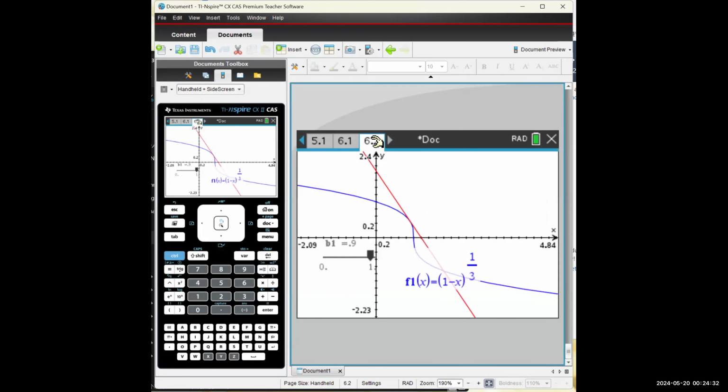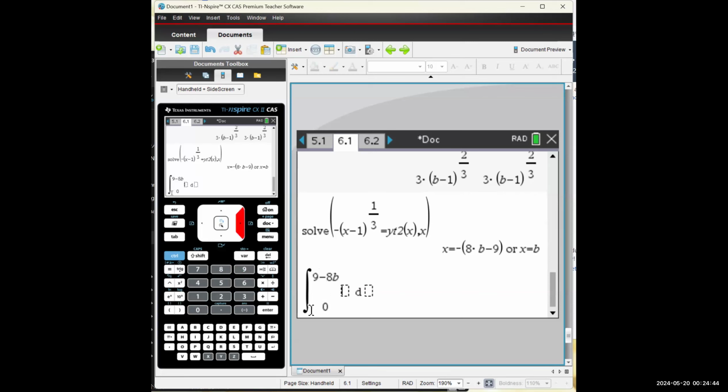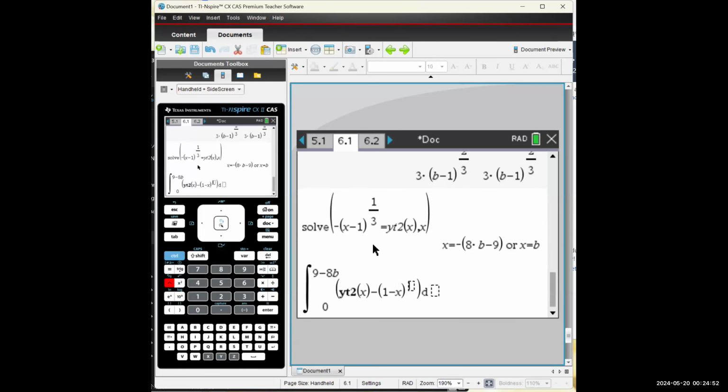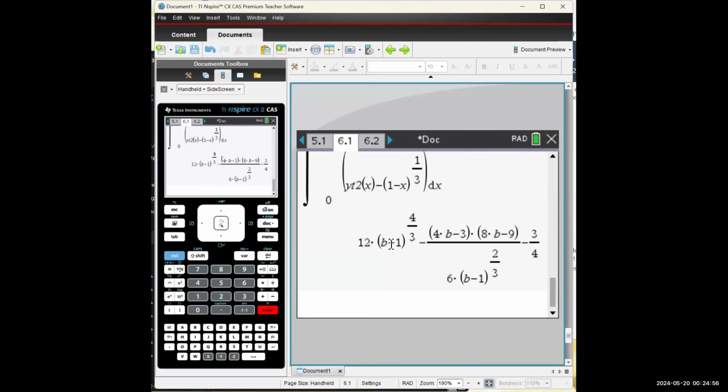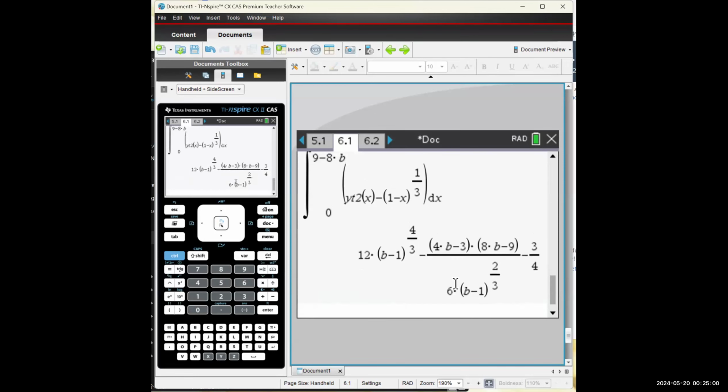And looking at the diagram, upper function is the red line here, lower function is here up to 9 minus 8b. So 0 to 9 minus 8b, and the tangent line subtracting 1 minus x to the power 1/3 dx. So this is an expression involving b, and we want to minimize this expression.